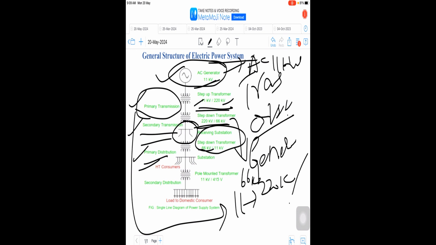Now after the reduction of the voltage, it's been supplied to various substations and also high transmission consumers who consume large quantity of supply. Similarly, for the secondary distribution, also for the domestic consumers, we further reduce this 11 kilovolts to 415 volts, and we call that as secondary distribution. So from the secondary distribution it is given to domestic consumers.